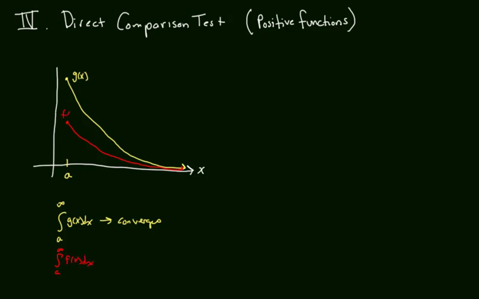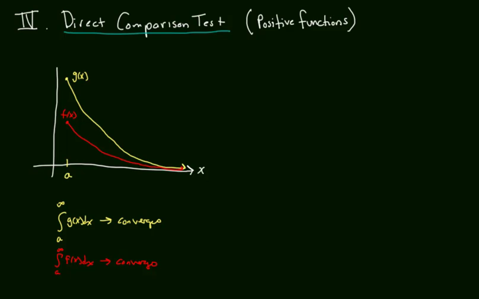You could probably guess that if we know the integral of g of x converges from a to infinity, then if f of x is less than or equal to it, it also converges. And that's the logic behind the direct comparison test.